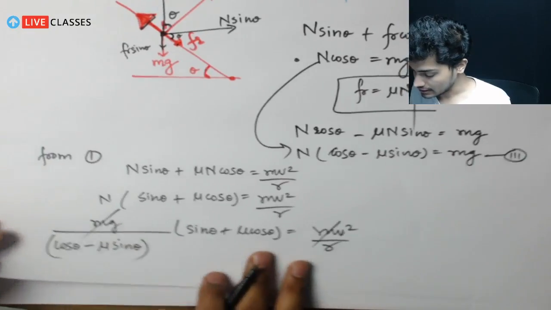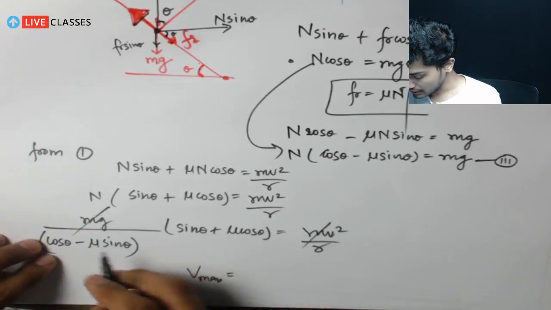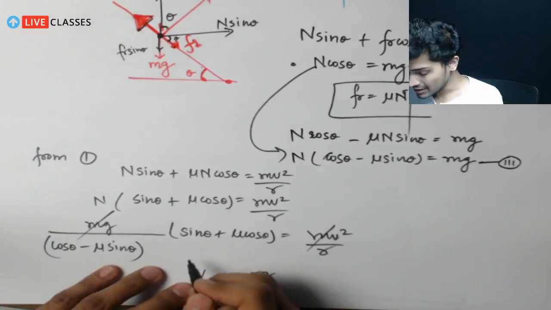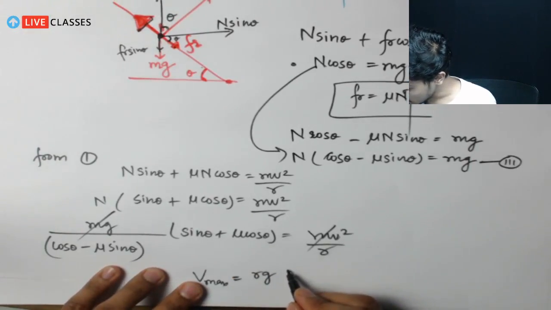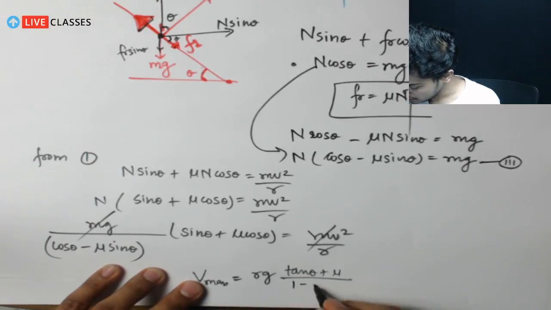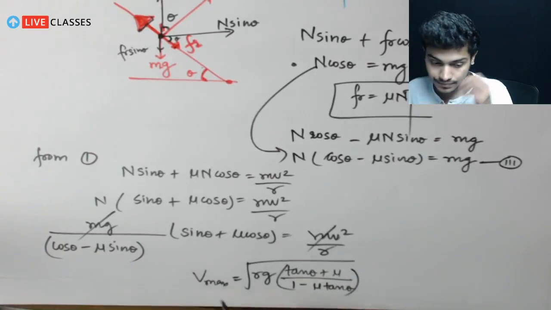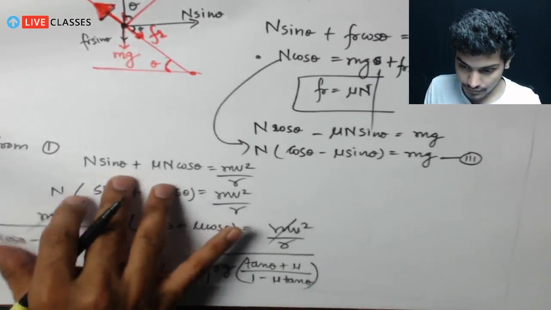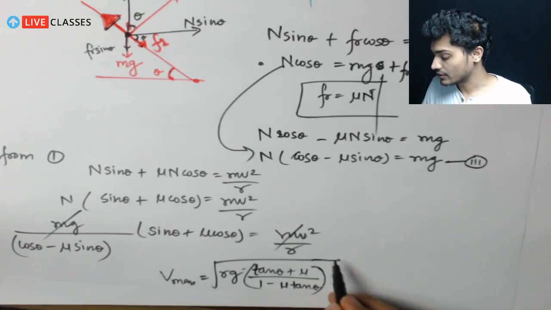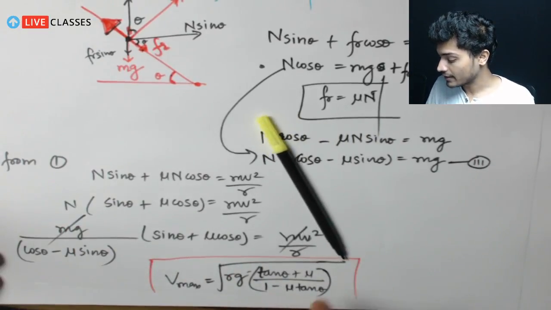So m will get cancelled out, and finally when we arrange our equation, we will get something like this: v squared equals rg. Just we have to divide each term by cos theta, then in that case we will get tan theta plus mu upon 1 minus mu tan theta. This is our maximum speed through which we can travel when we have both friction as well as banking.